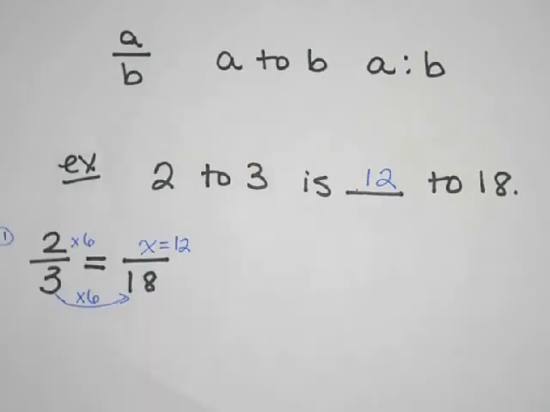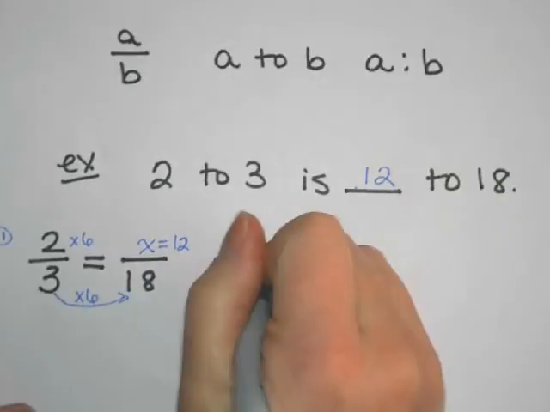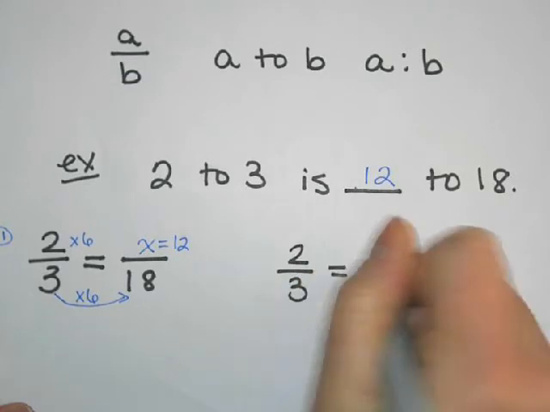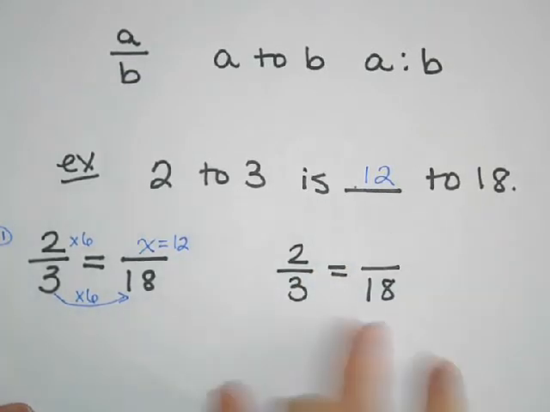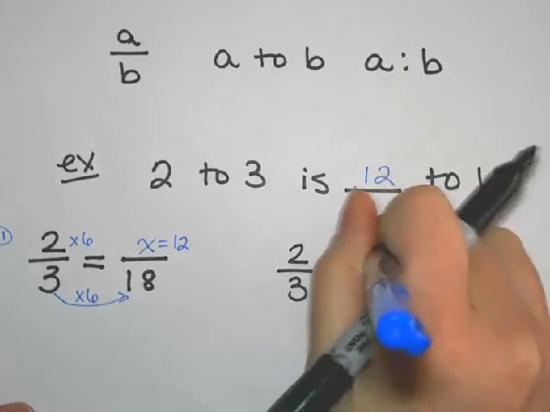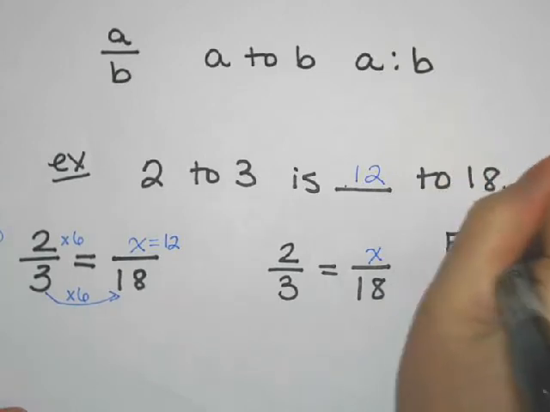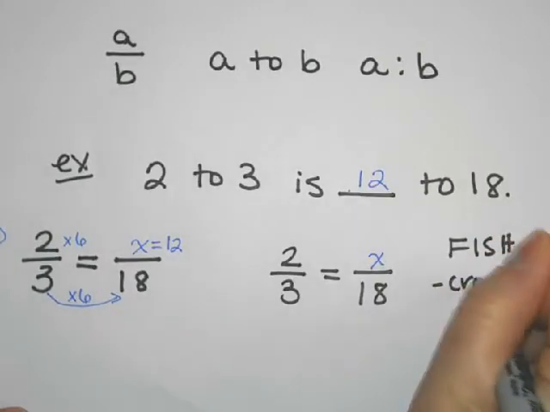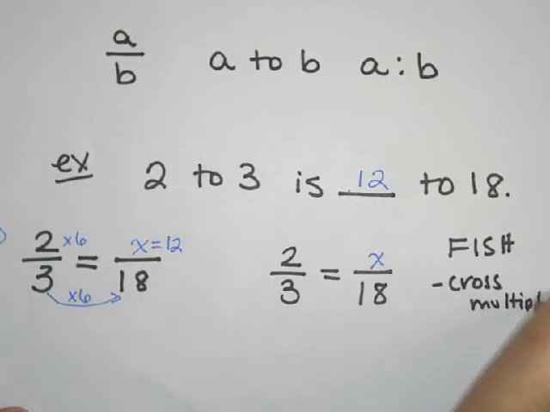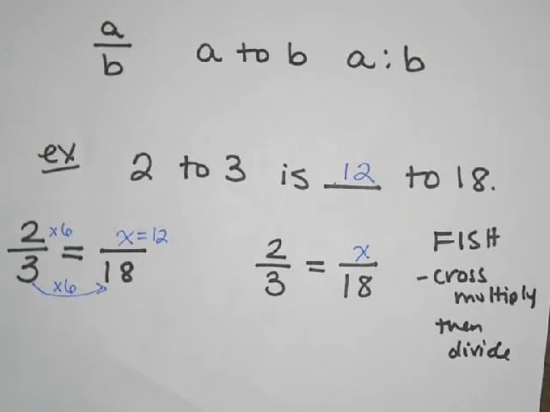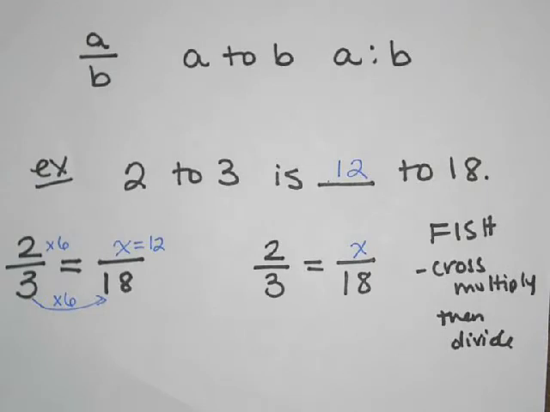The second way is using something called the fish method. The fish method still uses equivalent fractions. It comes more in handy when these numbers don't multiply right off the top of your head. The way we do this is you cross multiply, then divide. What I mean by that is you multiply the two numbers and divide by the leftover, which will lead you to the variable.